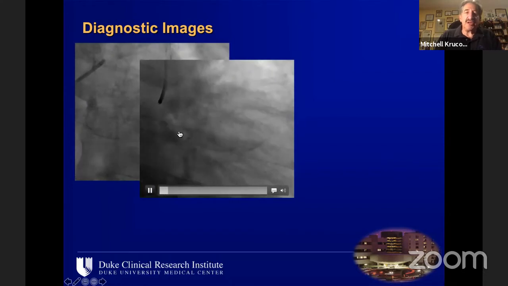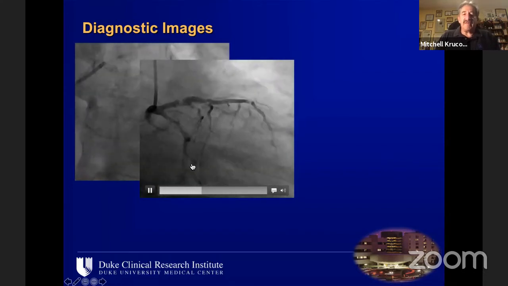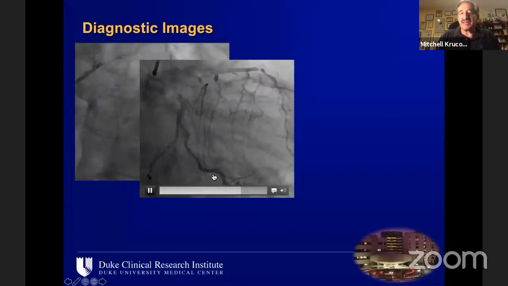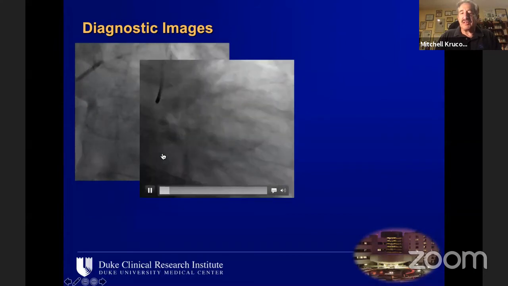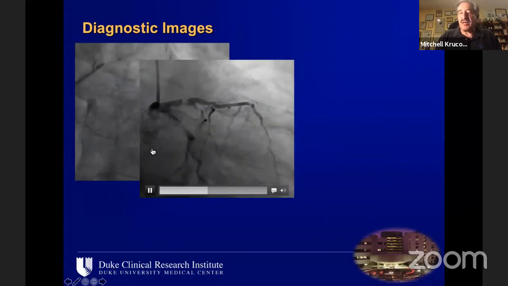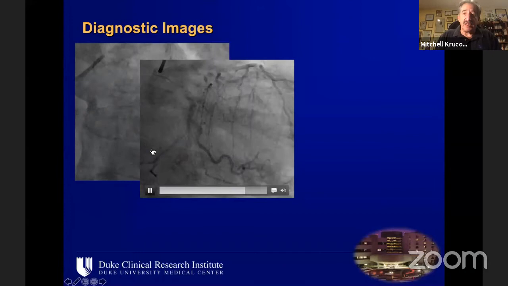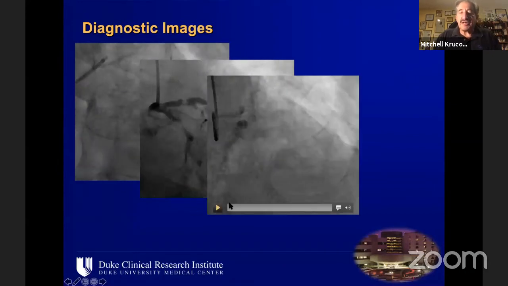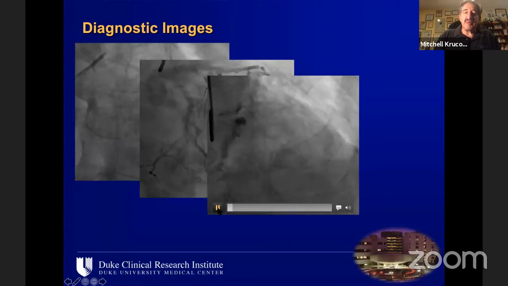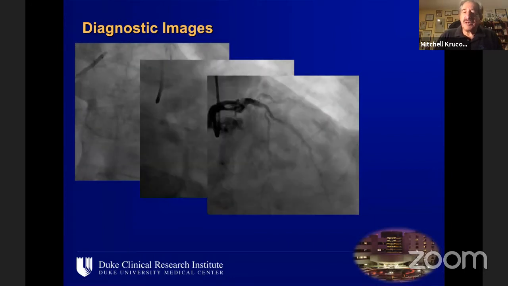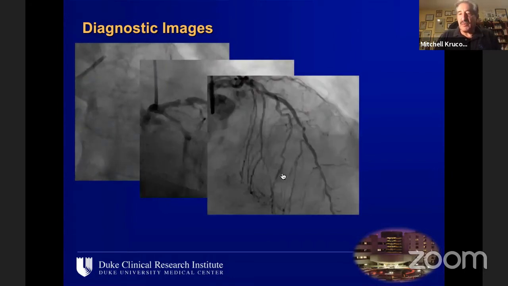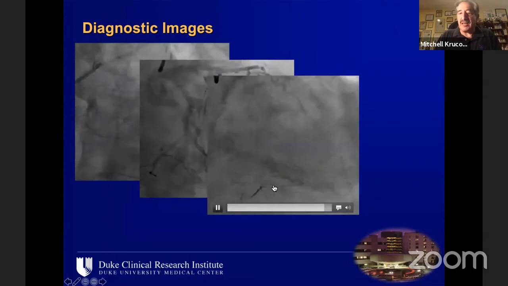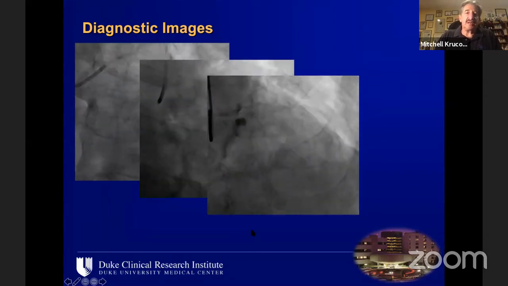There's a downstream lesion I'll show you further, and very diffuse disease in the circumflex out to a large marginal, as well as in the circ continuation, which is collateralizing a totally occluded right coronary artery. His ejection fraction was reasonably preserved. There was enough flow through all this. Here you can see the more downstream lesion in the LAD and the collaterals to the right a little bit better.